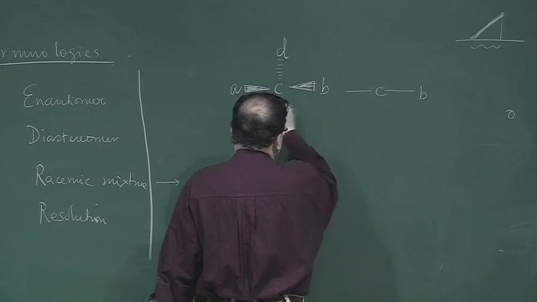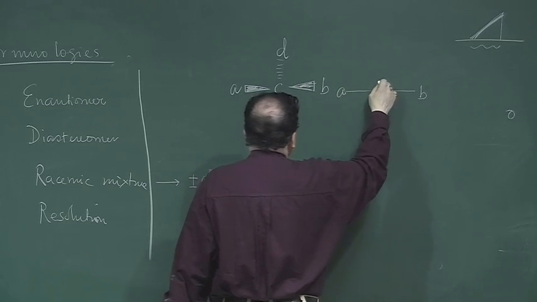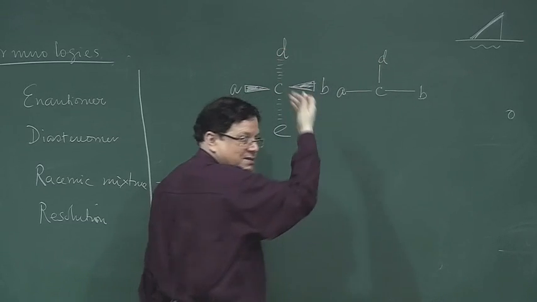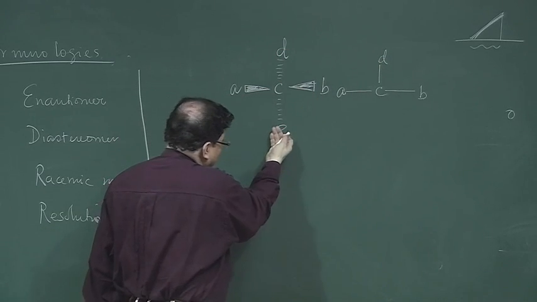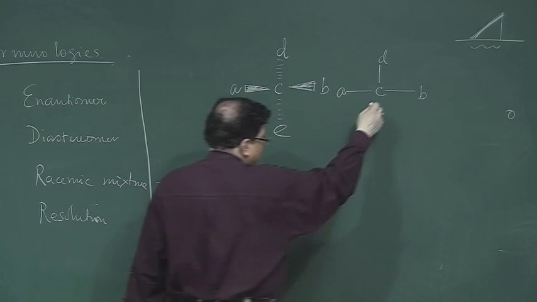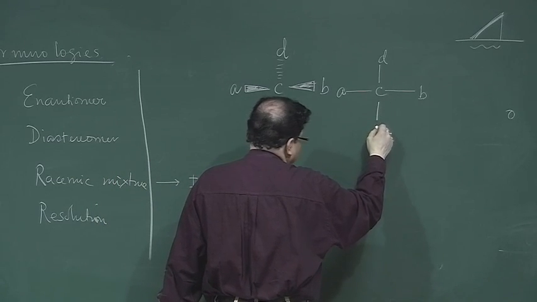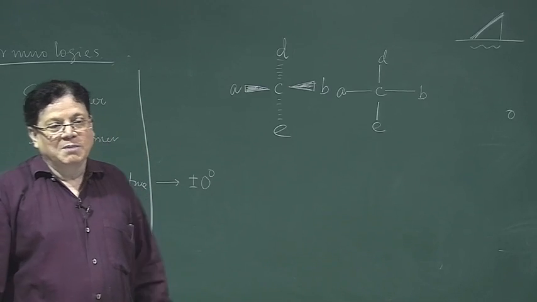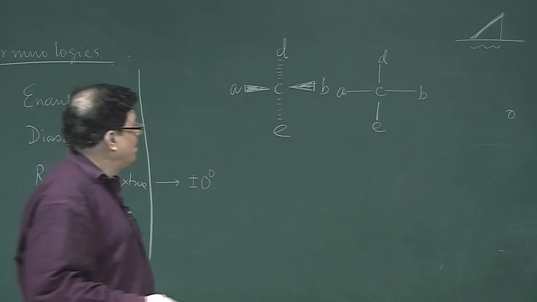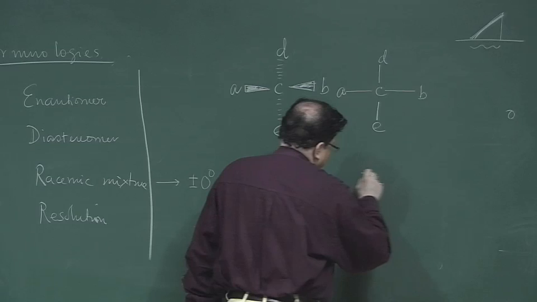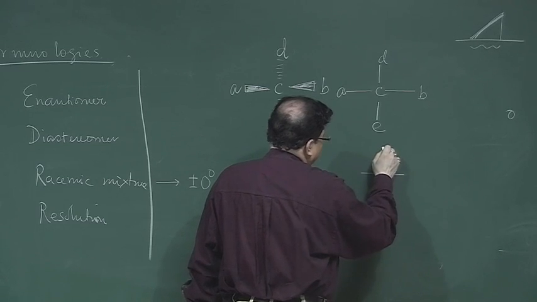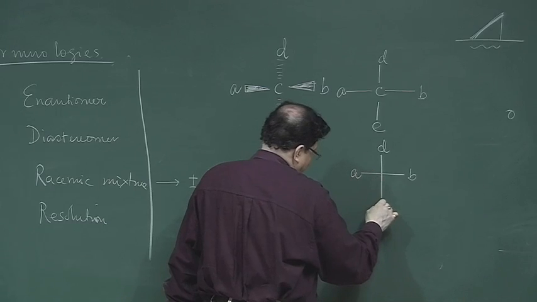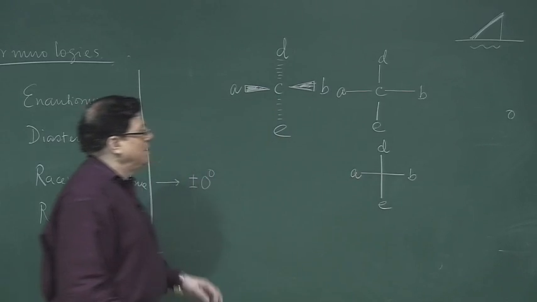This is the projection of A, and this is the projection of D. Now, this projection has to come from the back side, and this projection also has to come from the back side. So, these are the projections you will have of all the bonds in the plane of the board. Now, you remove the carbon and it will look like a cross. So, this will be D, this will be B, this will be A, and this will be E. So, I hope this is clear.